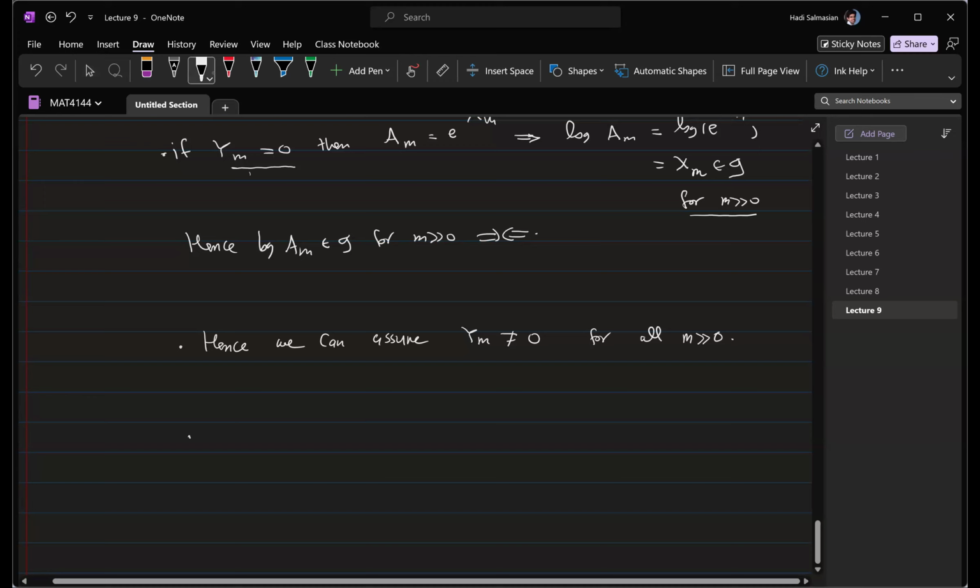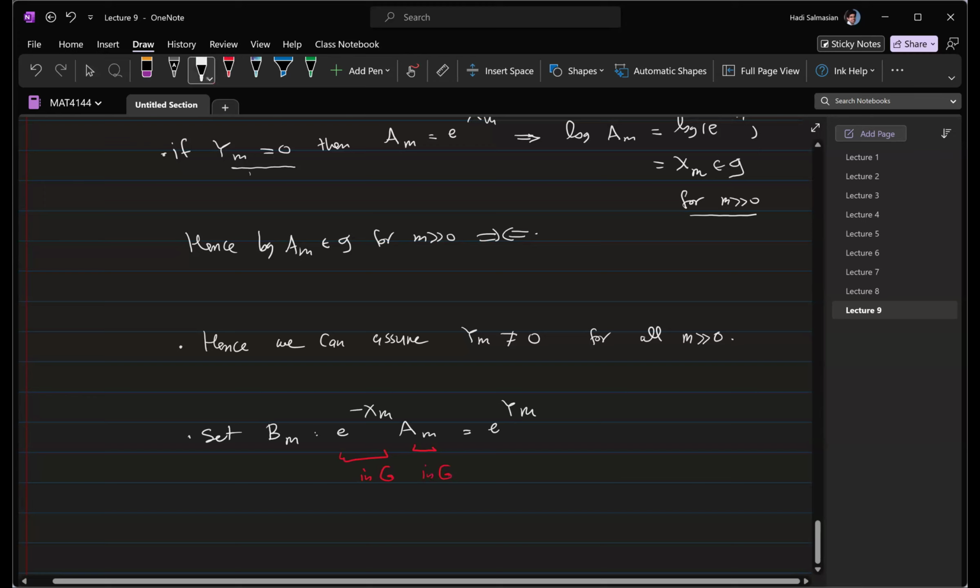What we do is we set the BMs to be e to the minus xm AMs. So this will be just e to the ym. But note that the xm's are in the Lie algebra, so this exponential is in capital G, and these guys are also in capital G by our assumption.